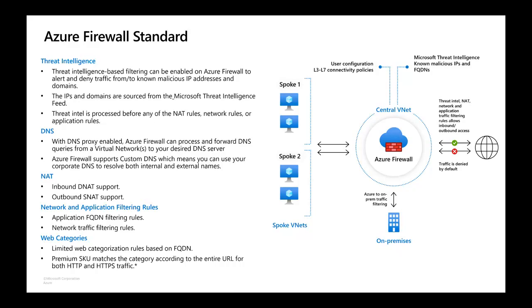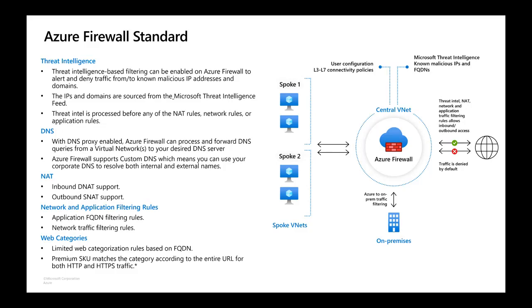And within Standard, you get threat intelligence, which is able to identify, alert, and deny traffic from known malicious IP addresses and domains. These domains and IP addresses are sourced from Microsoft Threat Intelligence. Threat intelligence, of course, takes precedence over the NAT rules, network rules, or application rules if you have them within your policy rule set.